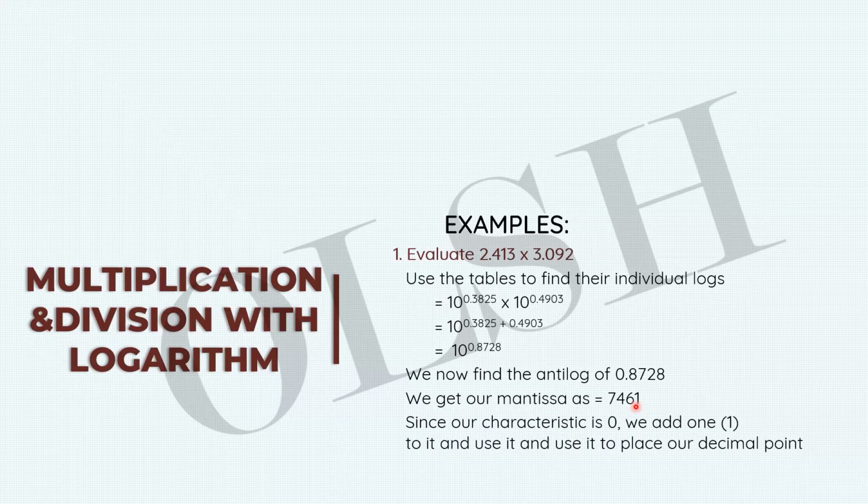So our characteristic is 0. We add 1 to our characteristic to get the number of decimal places we are moving the decimal point from where it is. So 0 plus 1 will give us 1. So we're going to place in our decimal point 1 step to the right. So our answer will be 7.461, because we have moved the decimal point from before 7 one step to the right.